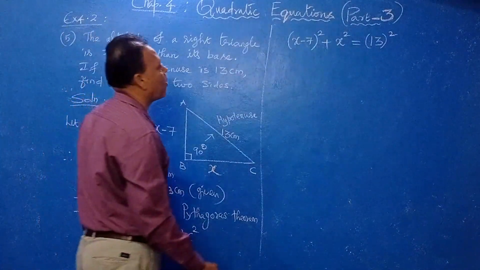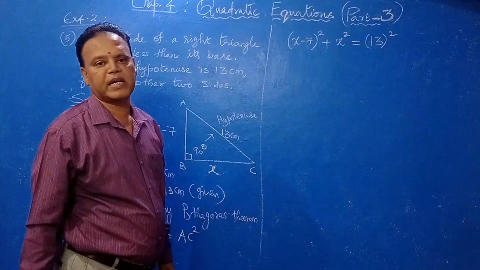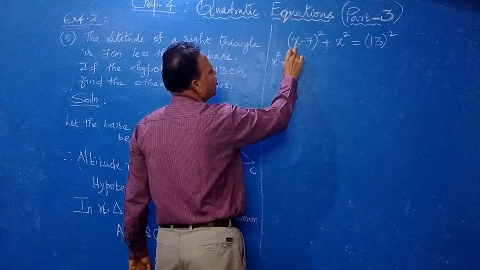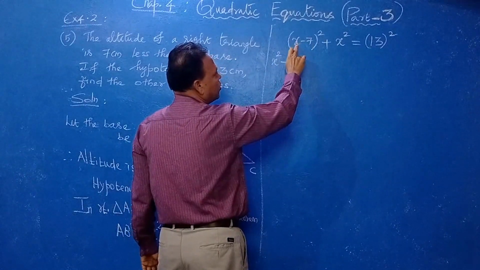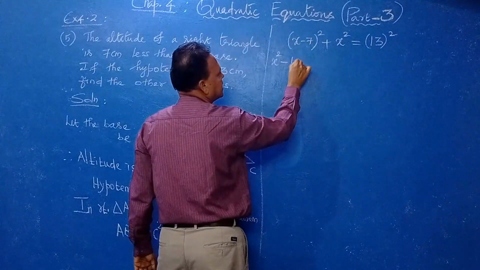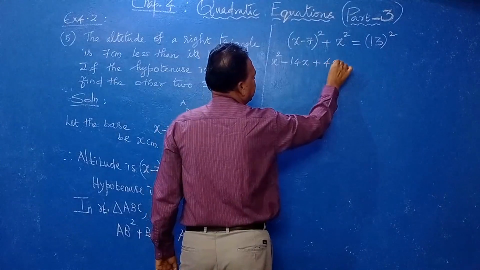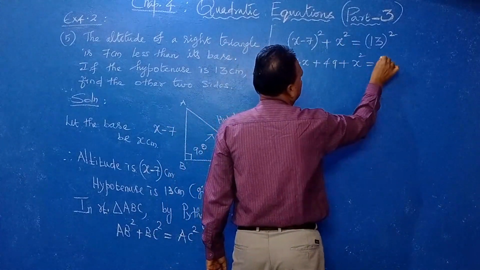Now (a minus b) whole squared, apply the formula. (a minus b) whole squared is a squared minus 2ab plus b squared, that is x squared minus 2 into x into 7, means 14x, plus 7 squared 49, plus x squared equal to 169.